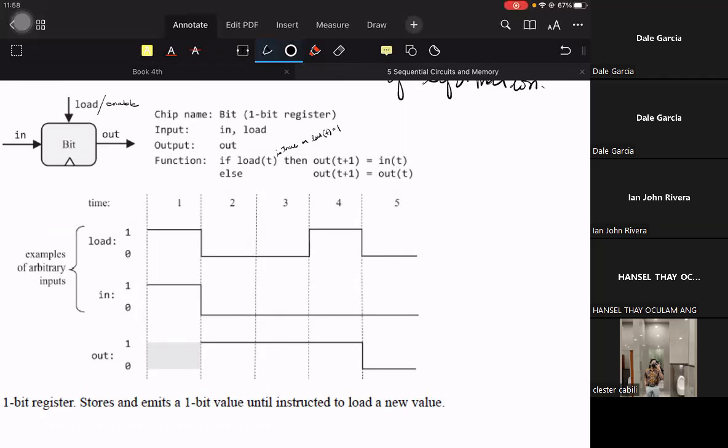Now, how about the second cycle? In the second cycle, the load input is 0, so off, and the input is also off. The output is 1 because the previous output is 1.